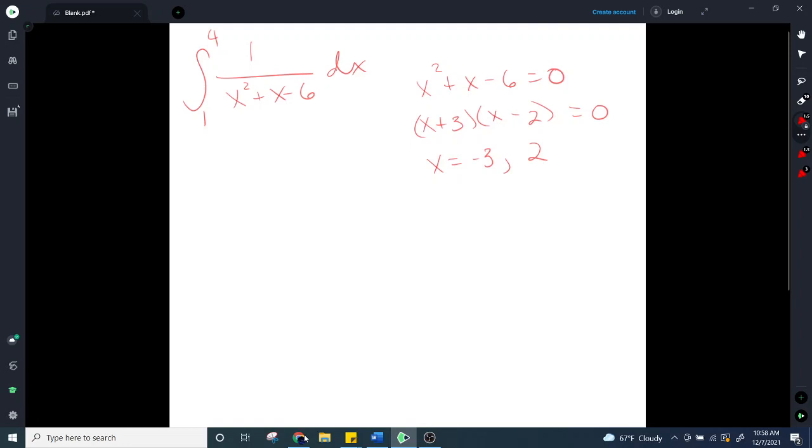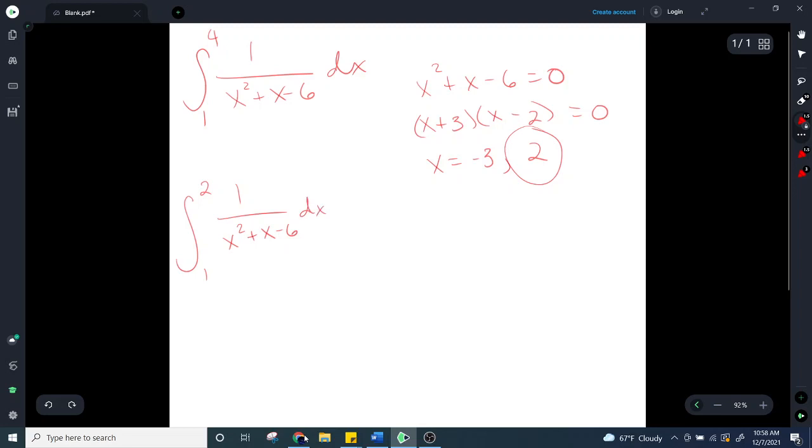Because there's a discontinuity at x equals 2, we would think of this as the integral from 1 to 2 of the function. So I'm breaking it up where the discontinuity is, and then we'd go from 2 to 4 of the same function.